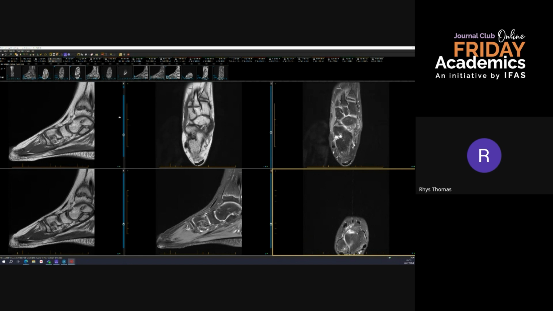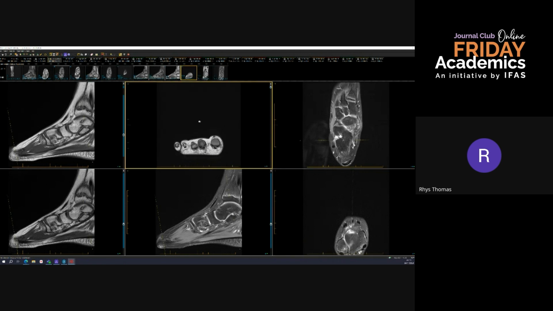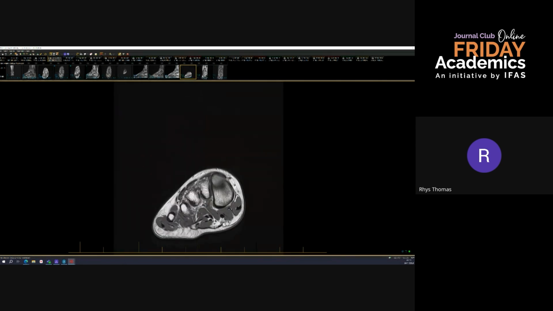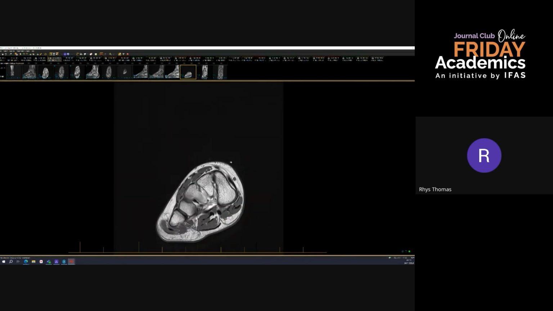Whilst I've got these pictures up, I'm just going to show you the normal appearance of a Lisfranc ligament here. So the Lisfranc ligament lives here. We've got three components to this.